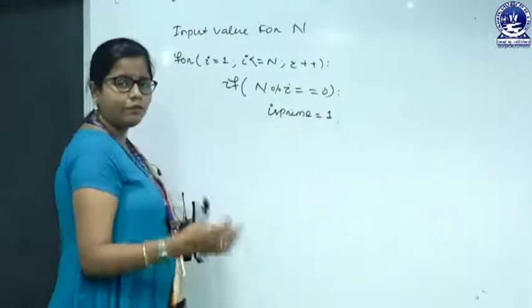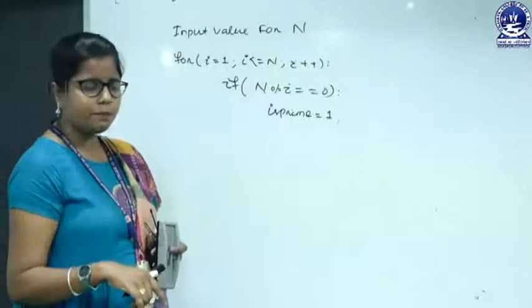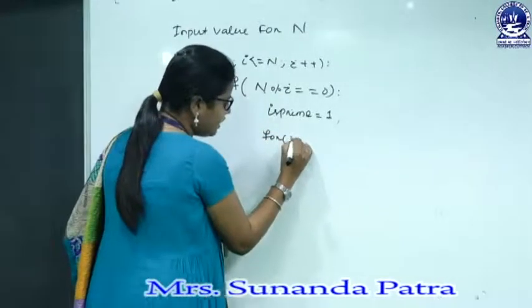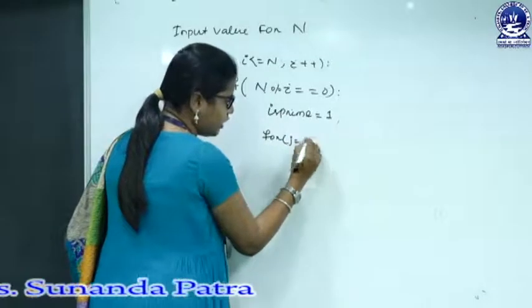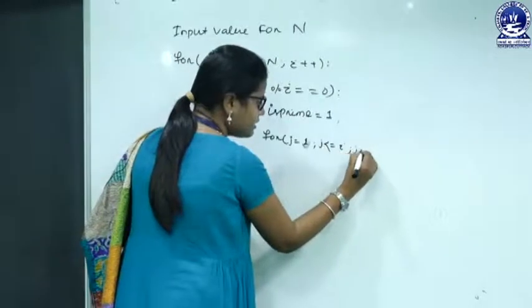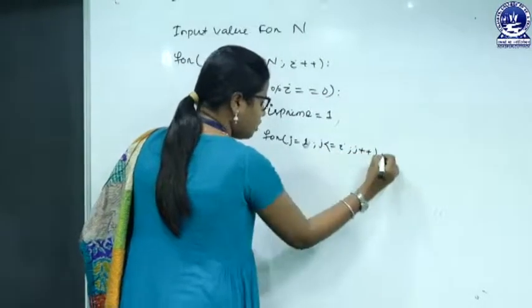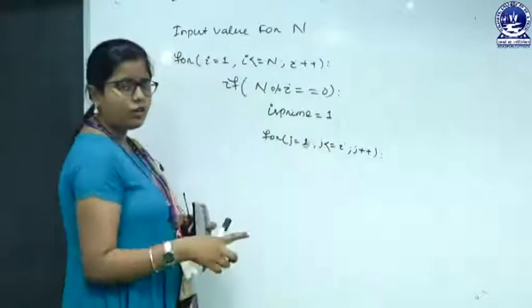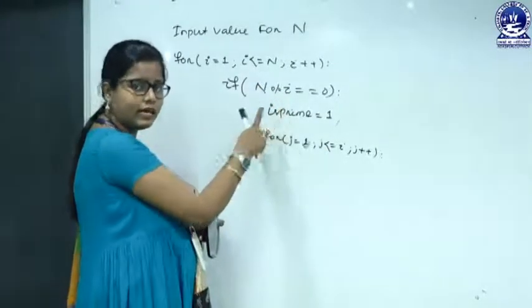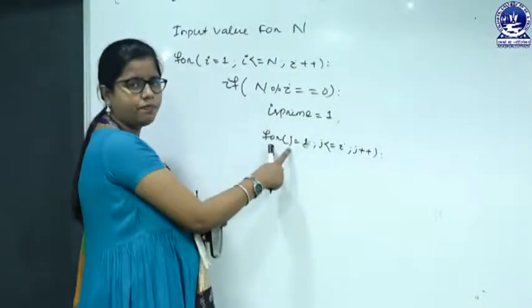That means we have to find all the factors of I. So here for that, for j equals to 1, j less than equals to I, j plus plus. So we have to find out all the factors of I now. So for that we are taking another counter variable, that is j.